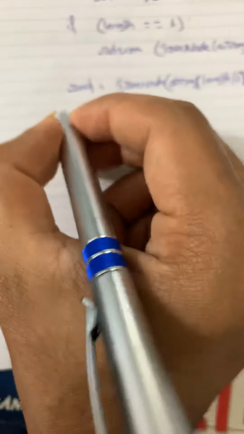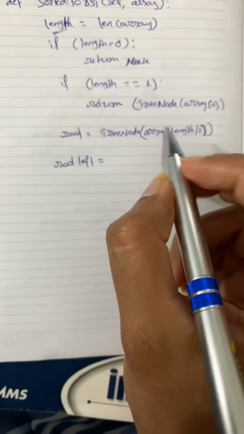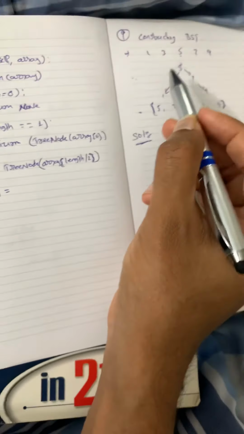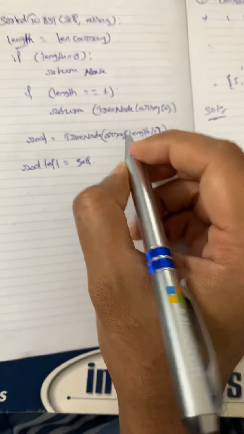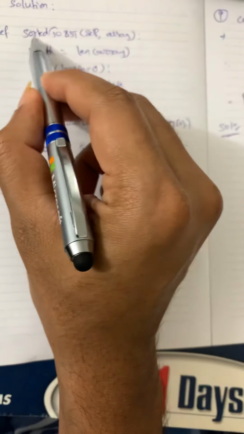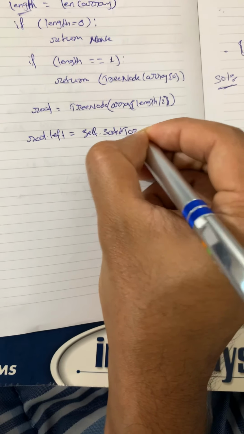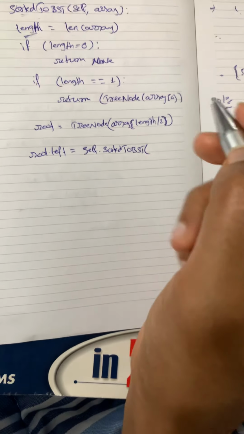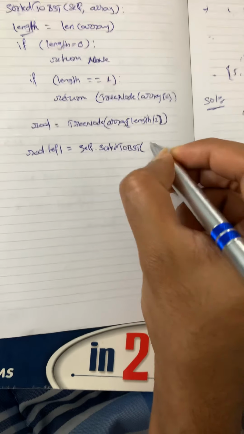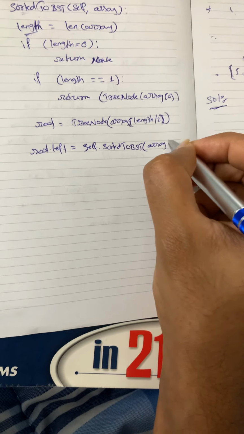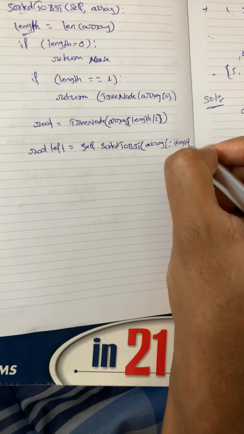So now we need to come up with root.left. We need to make the left path here. I'm just going to use the recursive approach, self.sorted to BST, and now we take array from 0 till length by 2.